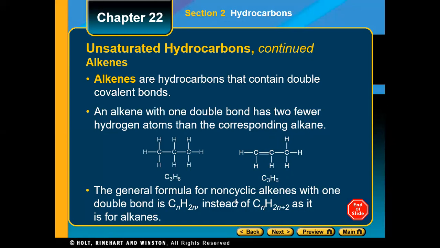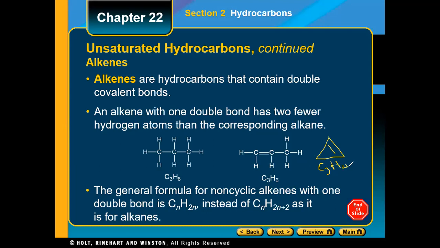Now, if you make it a cyclic hydrocarbon and you have a double bond here, it's going to be 3 carbons still, but how many hydrogens? Yes, it's just going to be 4.